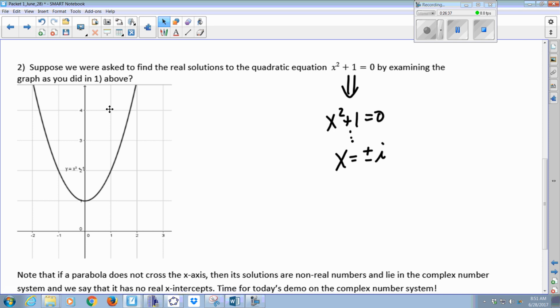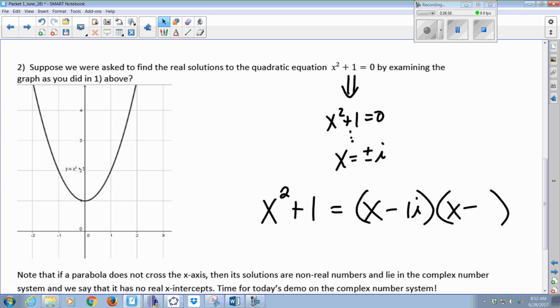Now actually, if you're making the connections between all the pieces of this lesson so far, you could see that you could factor this expression x squared plus 1 because x squared is a perfect square and 1 is a perfect square. And you could do it by factoring it into the two conjugates.